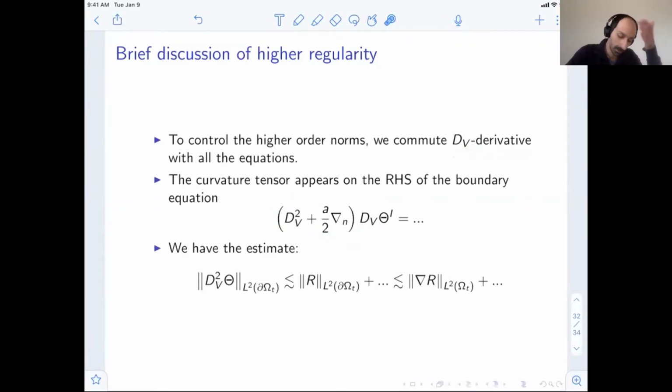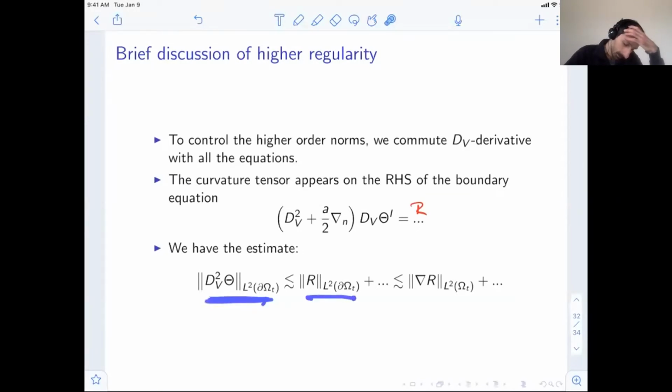Okay, I'm not going to go through the elliptic estimates, but let me just explain how one would control higher dv estimates. So suppose I take a dv derivative, for example, to the boundary equation. It turns out that now the curvature appears on the right hand side. So here I'm going to have an r, among other things, and so when I try to estimate one extra derivative of theta in L2, so the second dv derivative, that's what our boundary energy gives us.